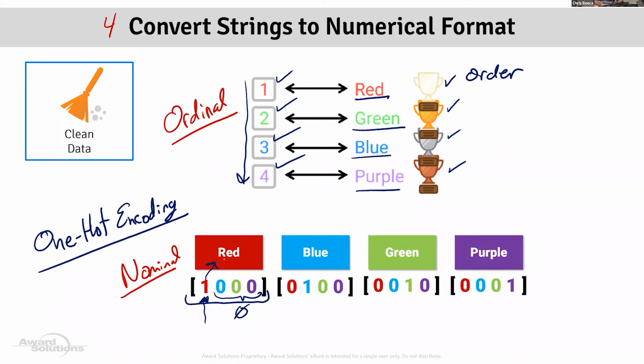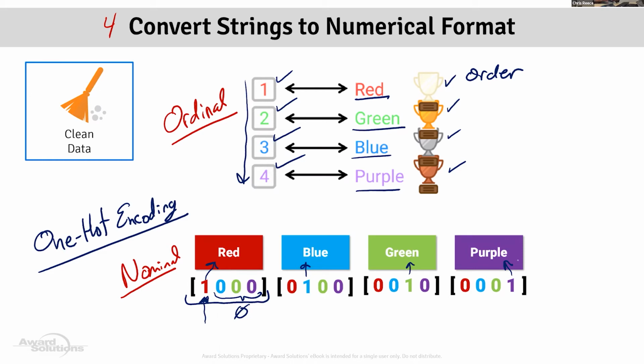So for red, we're going to say the first entry is a 1. Blue, the second entry is a 1. Green, the third entry is a 1. Purple, the fourth entry is the 1. Now we're creating a scenario where I don't have an order. I'm not saying red is less valuable than blue, is less valuable than purple.